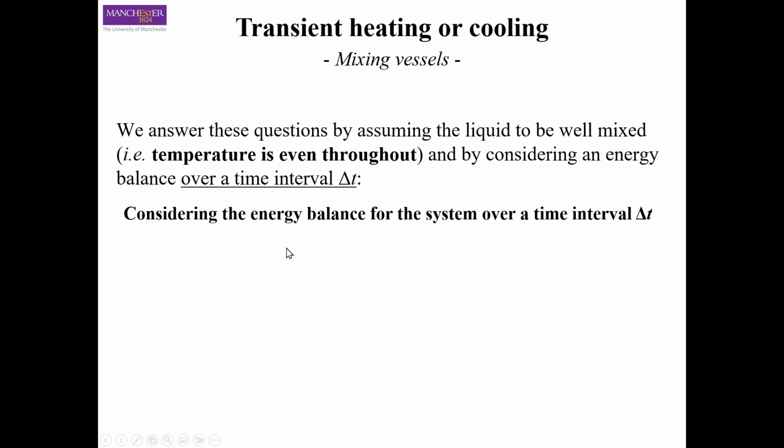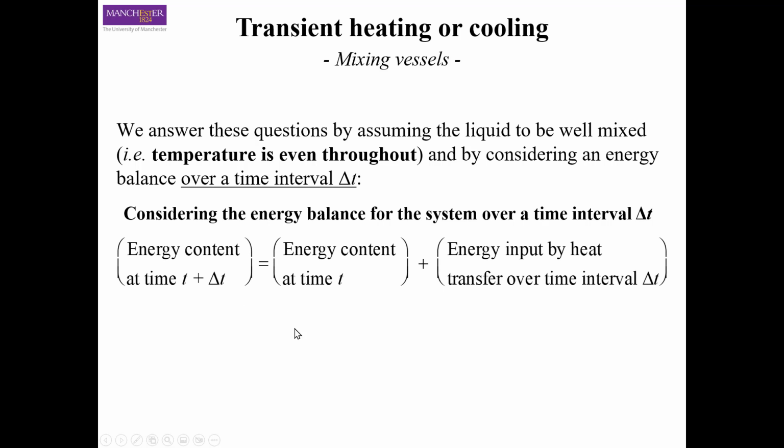To do that, we look at the energy balance for the whole system over time t. If you look at this equation, we know that when we start the reactor, there was some liquid inside, and because it was at a certain fixed temperature, we had some energy content. At time t equal to 0, we are at the starting point of the system.